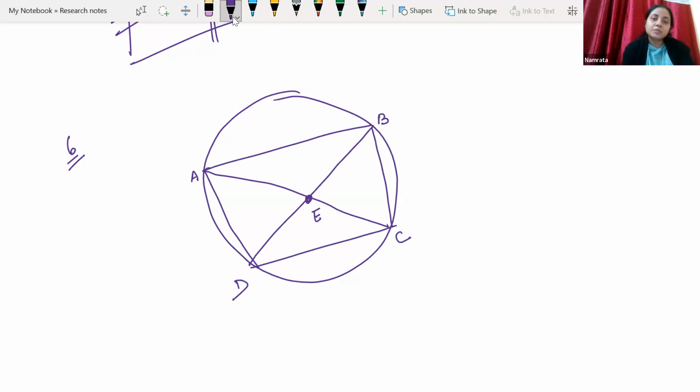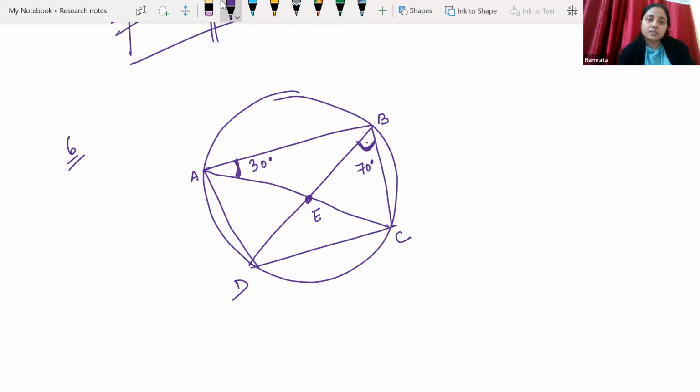If angle DBC is 70 degrees, given in the question, and angle BAC is 30 degrees, this is also given in the question itself. Find BCD.